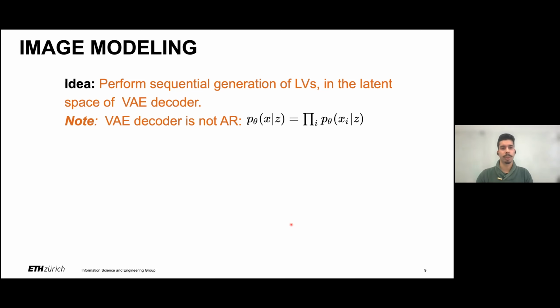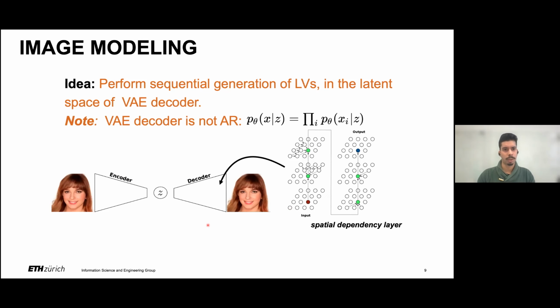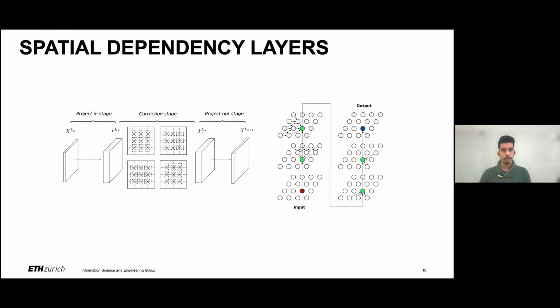The way that we do this is by introducing novel neural network layers that perform such a sequential generation procedure. So how do these work? Spatial dependency layers have 3 stages. The first one is the project in stage, the second one is the correction stage, and then we have the project out stage.